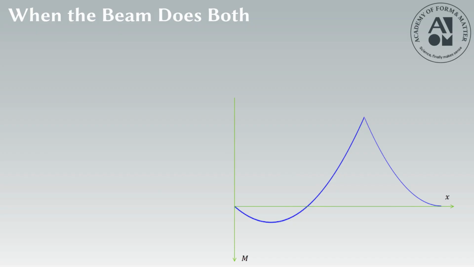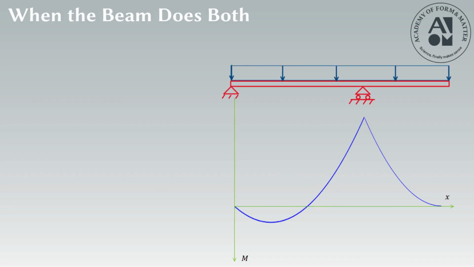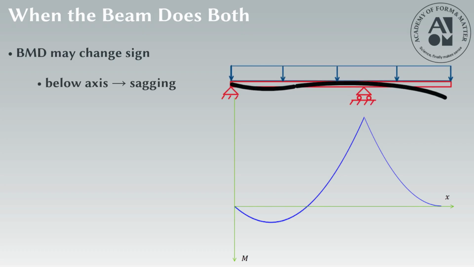One final observation. Some beams contain both types of behavior. The bending moment diagram may cross the x-axis and change sign. In those cases, the rule still works perfectly. Where the diagram lies below the axis, the beam tends to sag, and tension develops at the bottom.